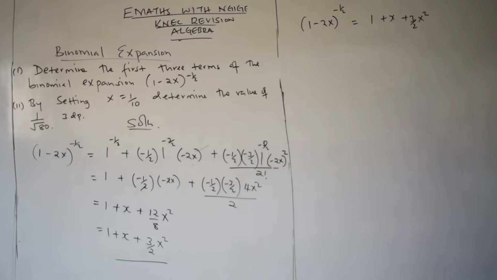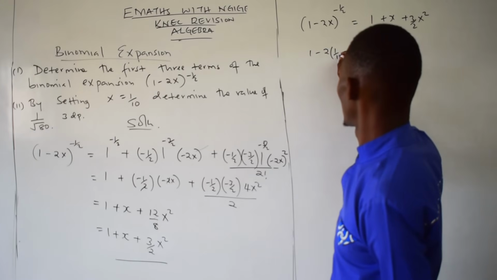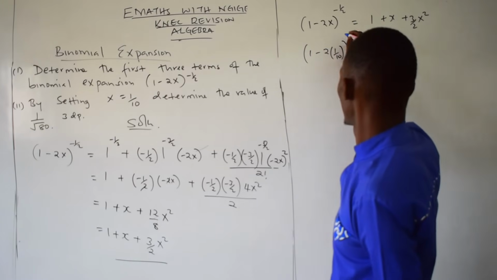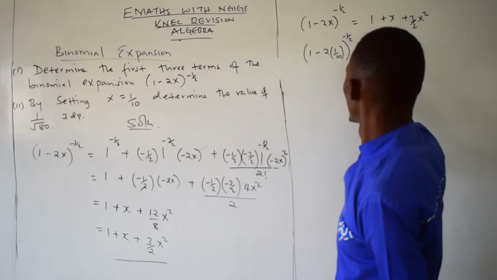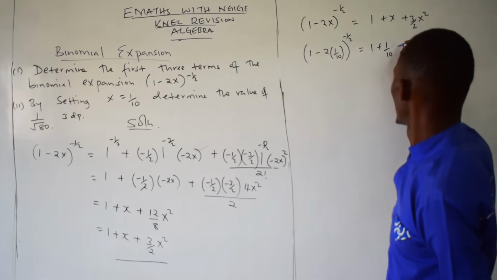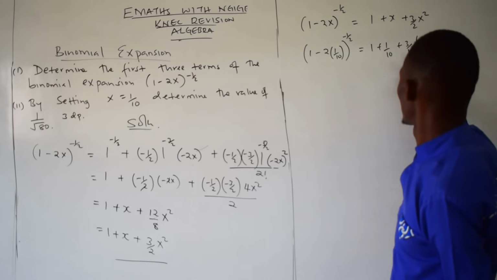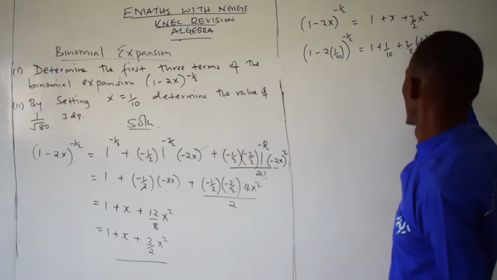Now replacing the values of x with 1 over 10: 1 minus 2 times 1 over 10, then into brackets, then negative a half, which gives you 1 plus 1 over 10 plus 3 over 2 times 1 over 10 squared.